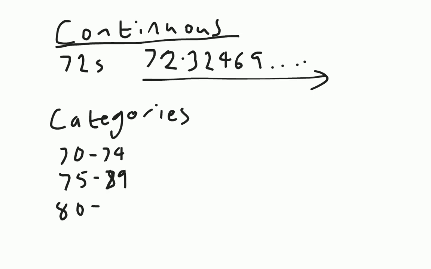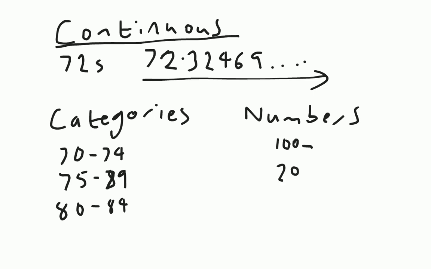Or it could just be the straight numbers, in which case we'd just be recording times maybe at different points at 100 meters, 200 meters, 300 meters, and so on.